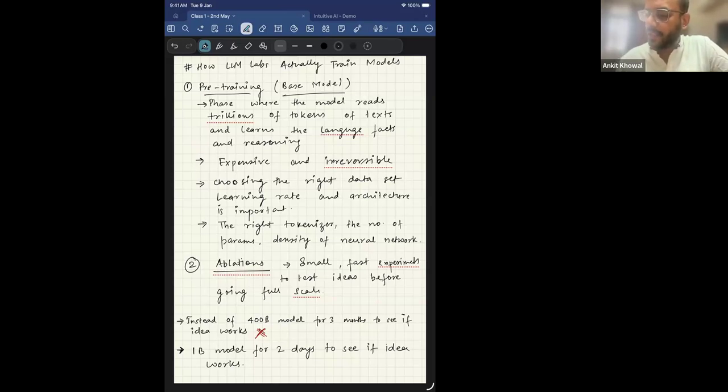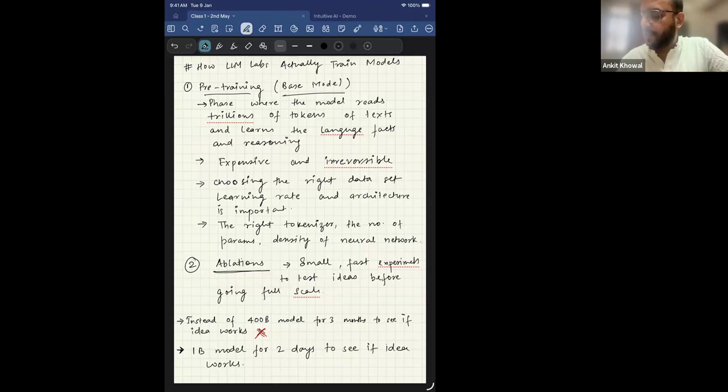All those steps must be confirmed before going into the actual training phase, because that is important. So how do we do all this? There is something called ablations. Don't worry about the word; it simply means we do some small and fast experiments to test the ideas before going full scale.